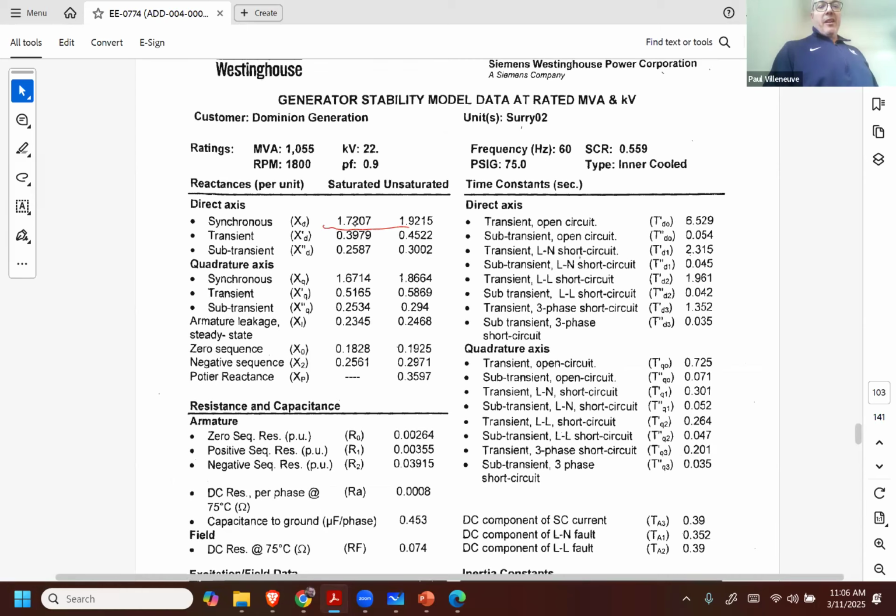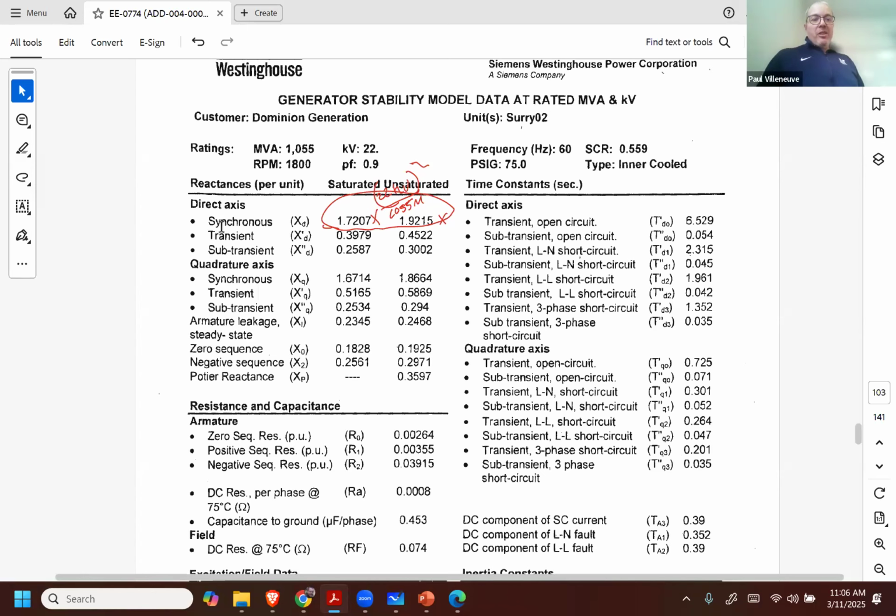These values over here, you should get pretty close, except for those are called per unit. And you don't really know how to do per unit yet, but there is a way to check. If you wanted to check, if you multiply this by 22 kV squared divided by 1,055 mega, and you multiply that, you should get pretty close to the same value of what you just calculated.